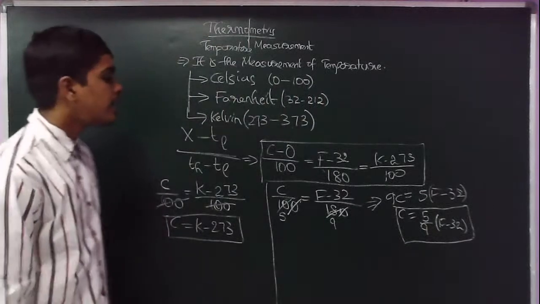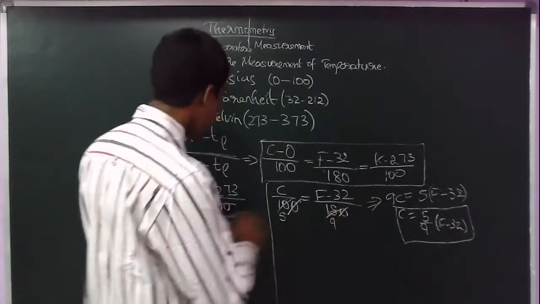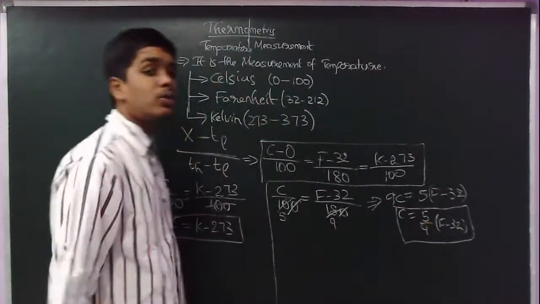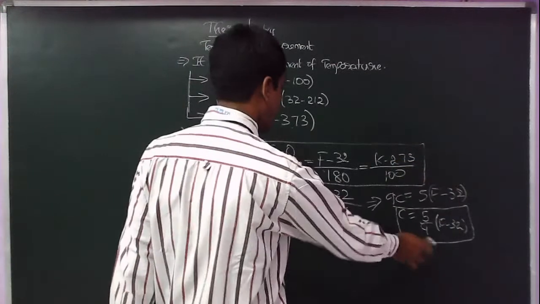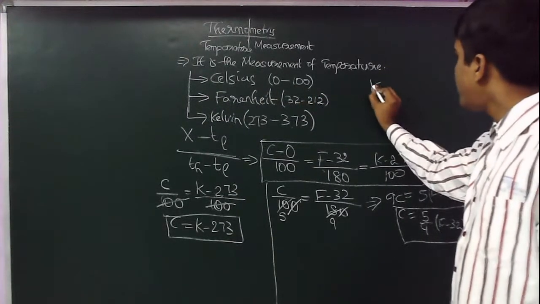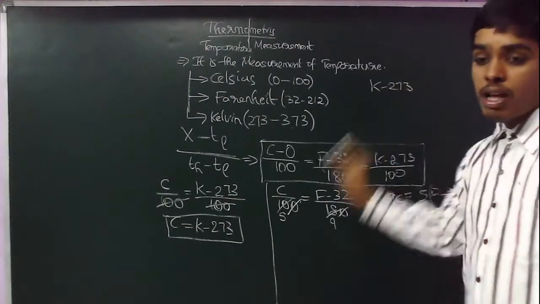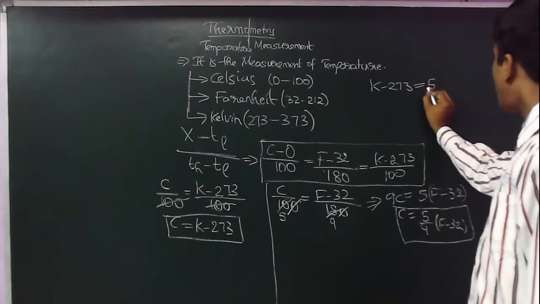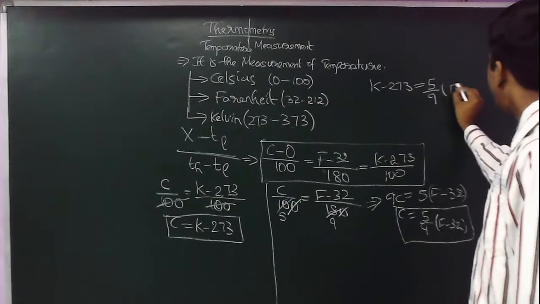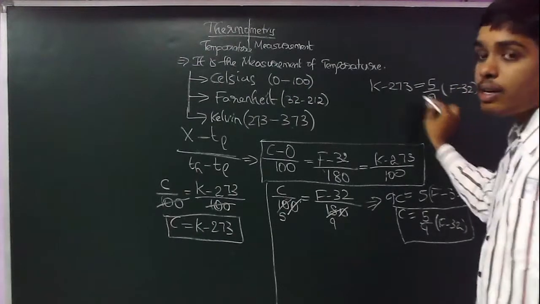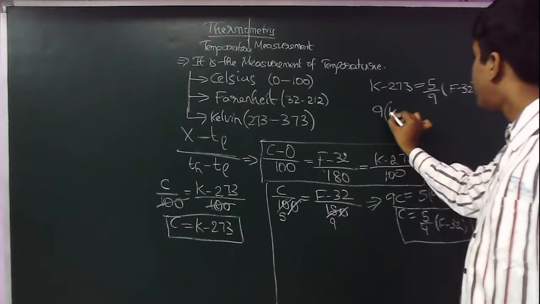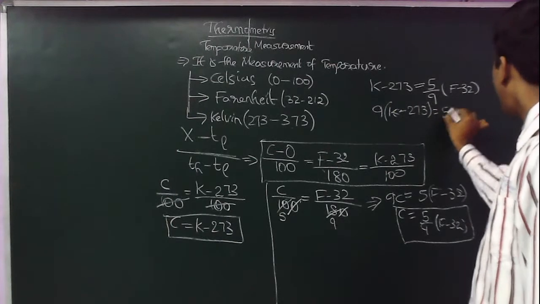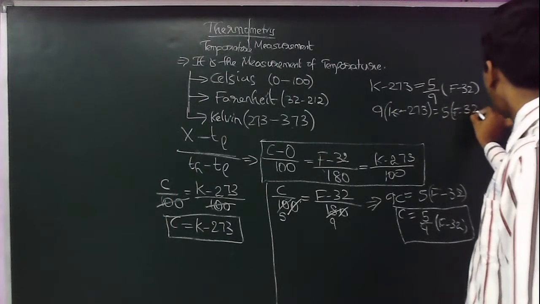Now we will write the relationship between Kelvin and Fahrenheit. Okay. Now we have K minus 273 and 5 by 9 into F minus 32. So K minus 273 is equal to 5 by 9 into F minus 32. So 9 into K minus 273 is equal to 5 into F minus 32.